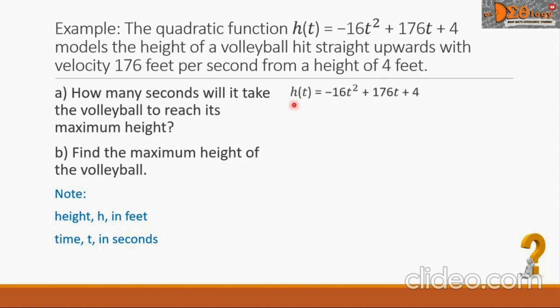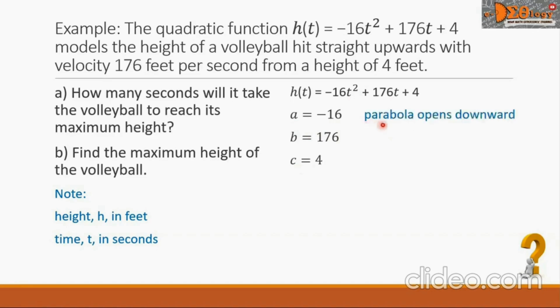Let us first copy our function, and it is now written here. And then let us collect the a, b, c. It means our a is the coefficient of the t squared, which is negative 16. The b is the coefficient of t, and that is 176. C is the constant, which is 4. So we have here a quadratic function with the value of a as negative 16.